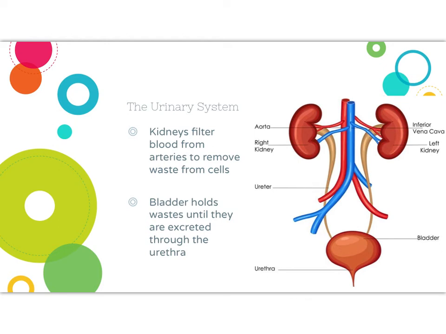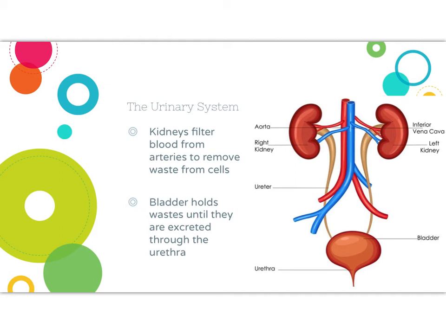The urinary system. The urinary system is important because kidneys will filter blood from our arteries, removing waste from these cells. So our cells transfer waste to our blood, and our blood needs to filter those out somehow. So blood comes in and it'll enter our kidney through an artery.